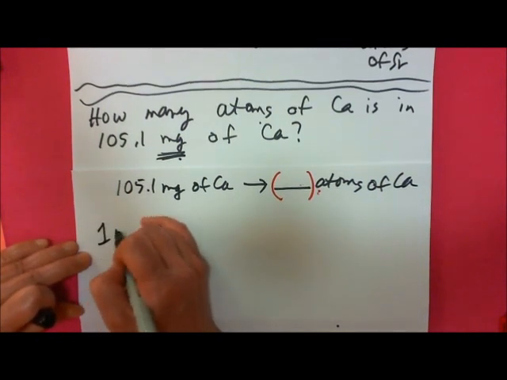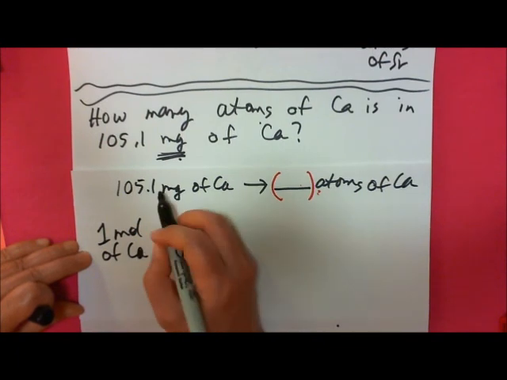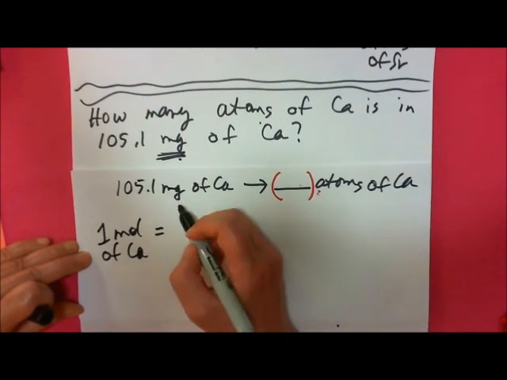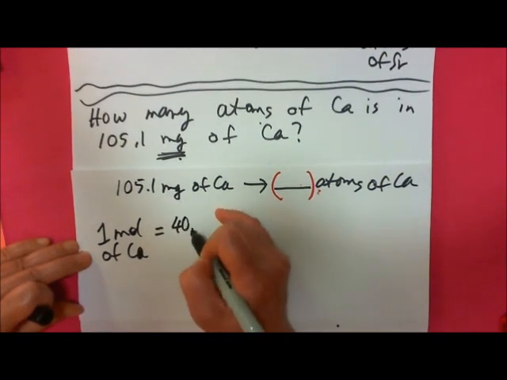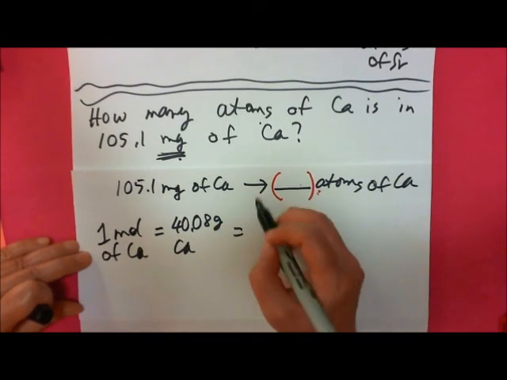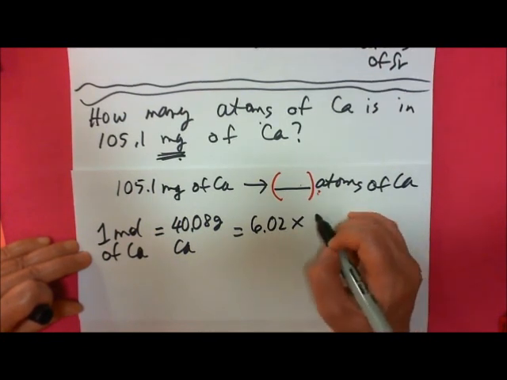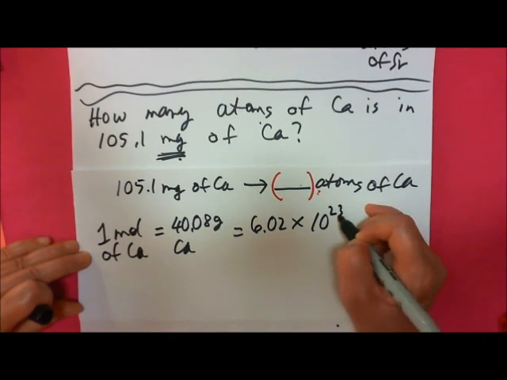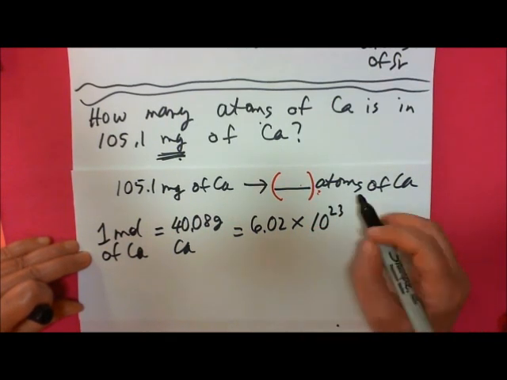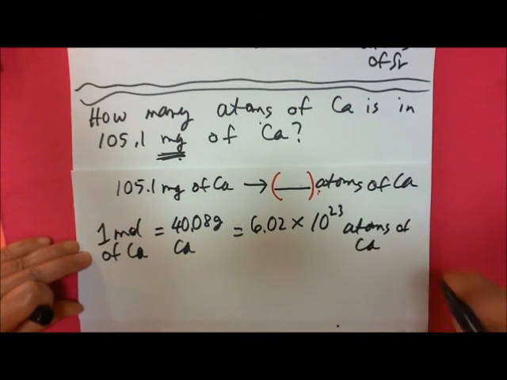So I know 1 mole of calcium, and this is one that we already wrote earlier, is 40.08 grams of calcium, which is equal to 6.02 times 10 to the 23rd atoms of calcium.